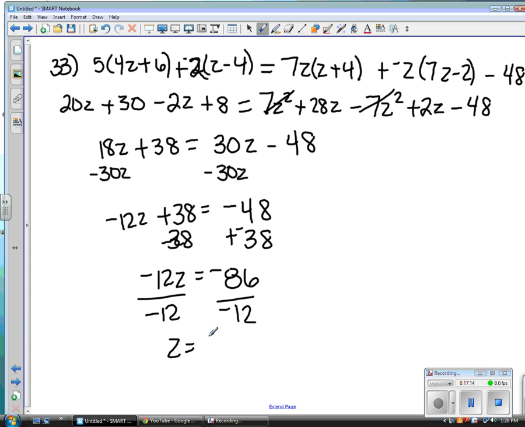And so z equals, first of all, it's going to be positive. Can 86 divide by 12 evenly? No. So at this point, I kind of want to keep it, but I want to reduce it. One number will go into both. 2 will go into both, so what do I have left? Okay. And I'm done.